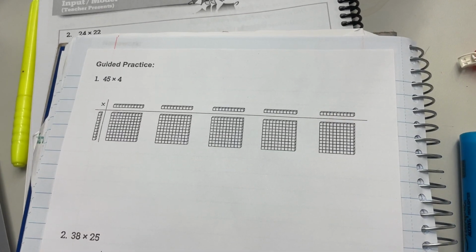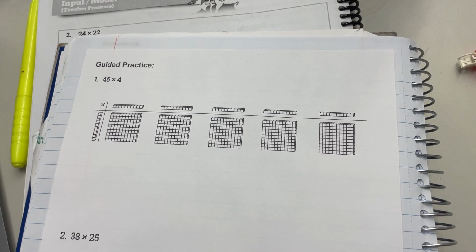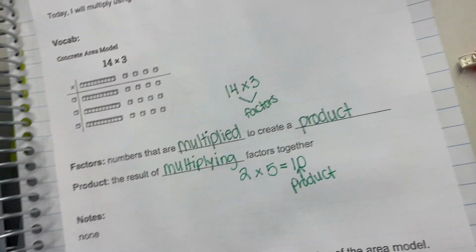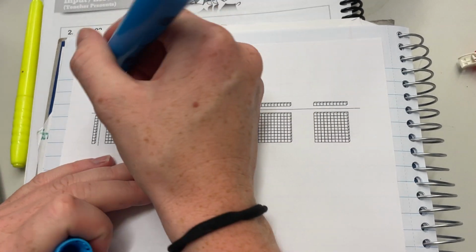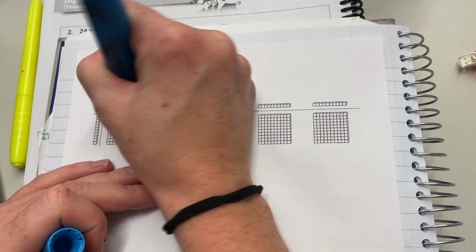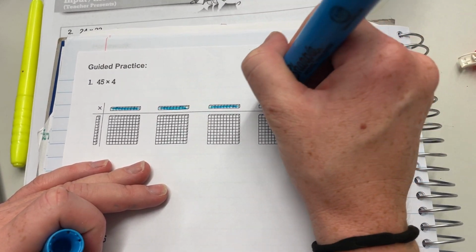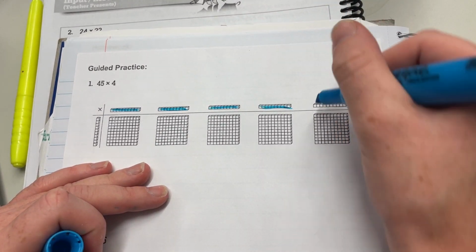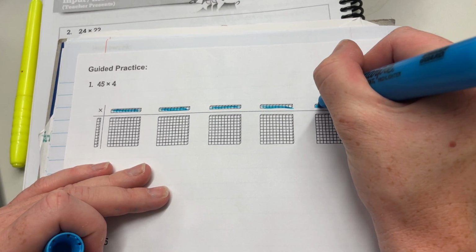So our first problem is 45 times 4. My first step says to shade in the factors across the top. So I'm going to shade in 45, so 10, 20, 30, 40, and 5. 1, 2, 3, 4, 5.